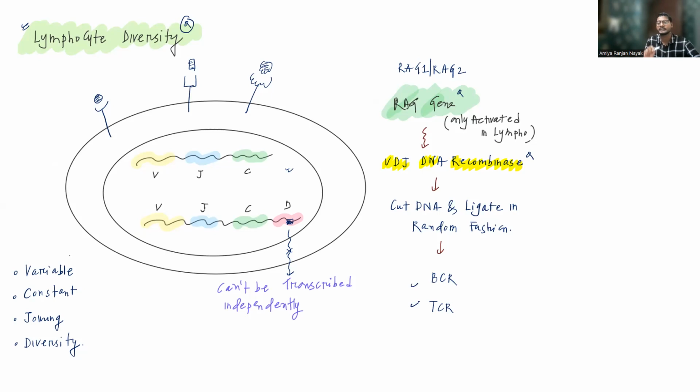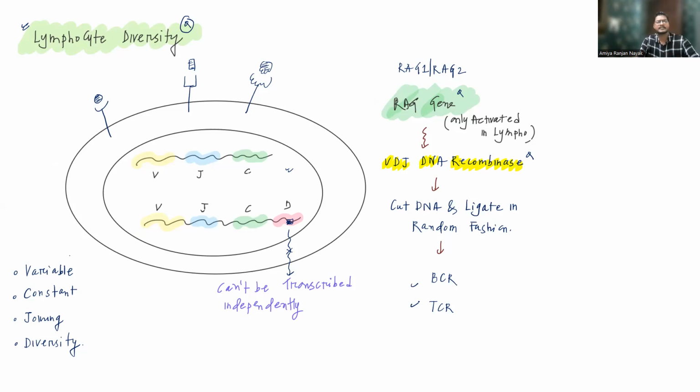However, this RAG gene is not activated in other cells. It is activated only in the lymphocytes. That is why lymphocytes can produce the lymphocyte receptors. Other cells in our body cannot produce lymphocyte receptors because they do not have the RAG gene. If they do not have the RAG gene, they cannot make this recombination of various gene clusters.